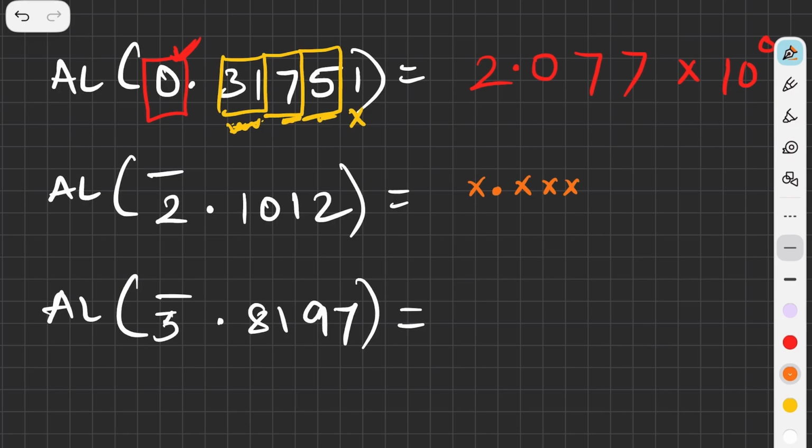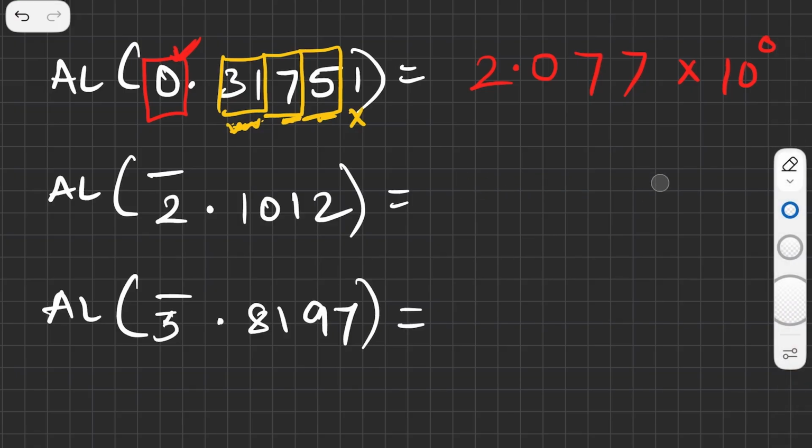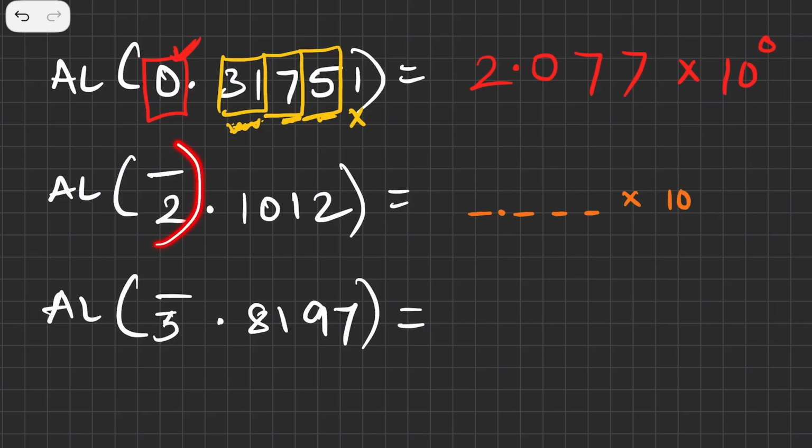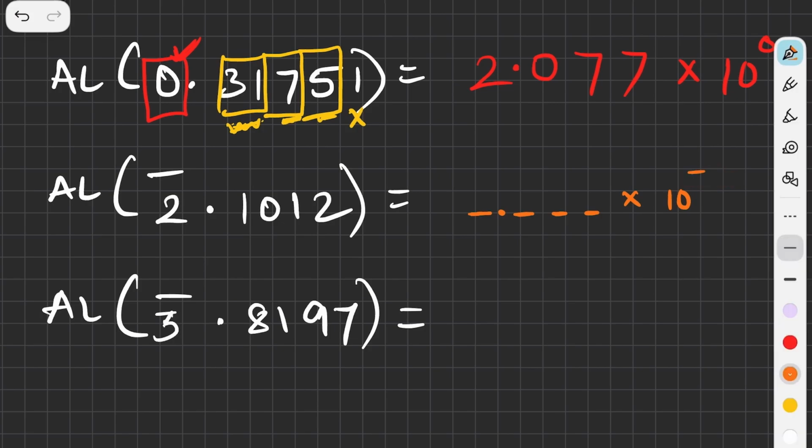Now the point always goes after the first digit, then put a multiplication sign. This may confuse many people, so I will just write dashes: the first number, second number, third number, fourth number, point after the first digit, into 10 raised to. Because there is a bar 2, meaning negative 2, I put a minus 2 over here. So find out the mantissa from the table and put a 10 raised to minus 2 over there.